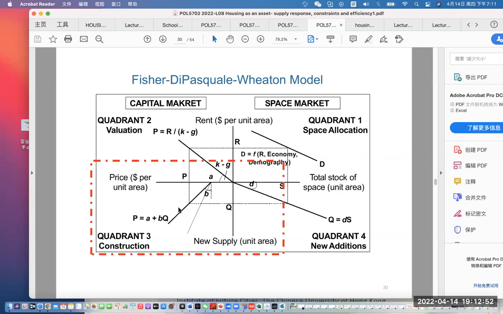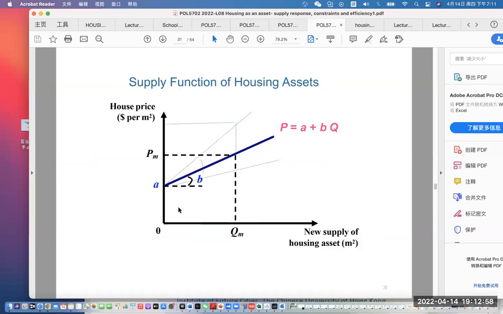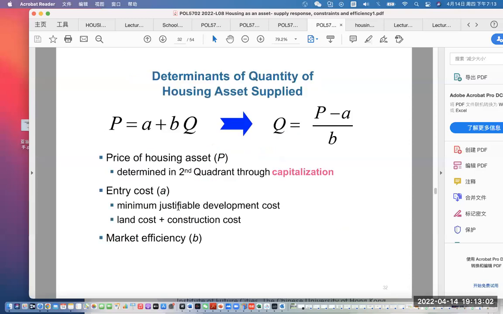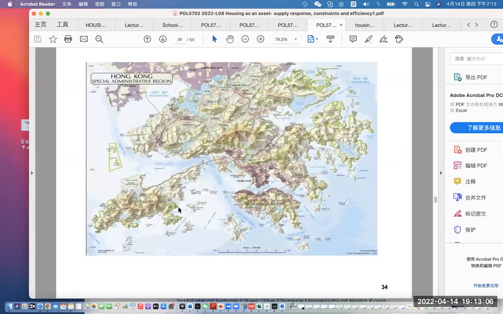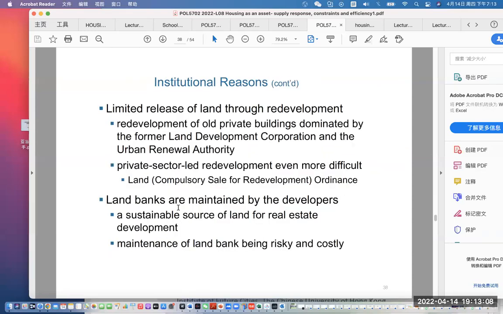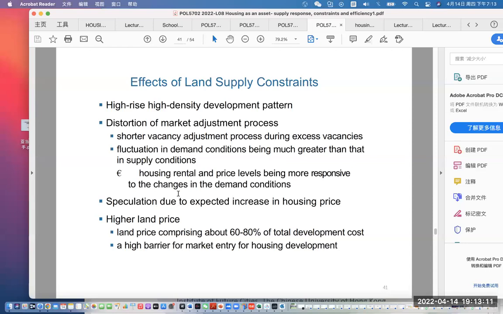And for the FDW model, you can look at how the capital market and space market depreciate and are classified, between the supply function of housing and the determinants of quality, etc. So I would suggest you try to apply the housing development data to the FDW model.